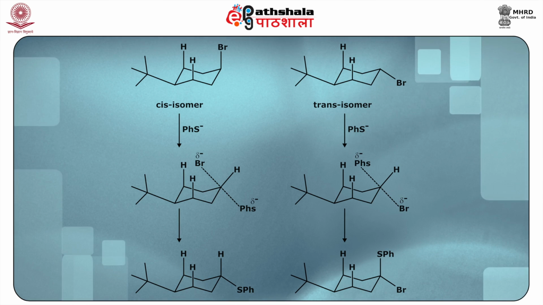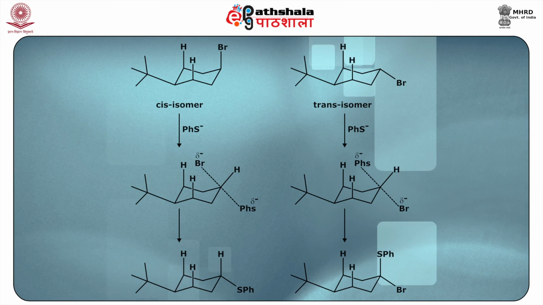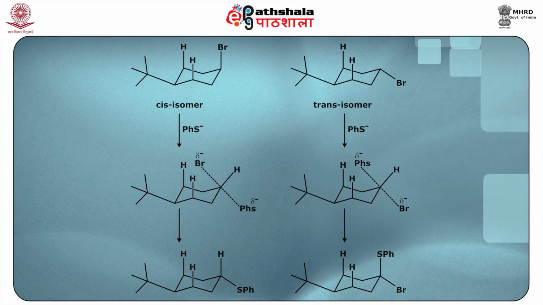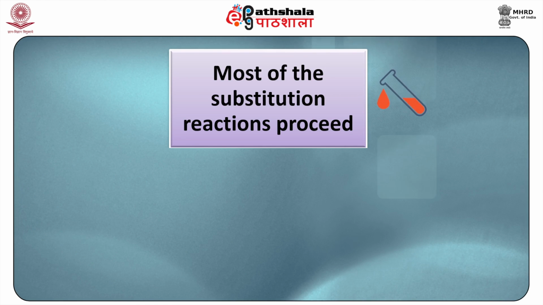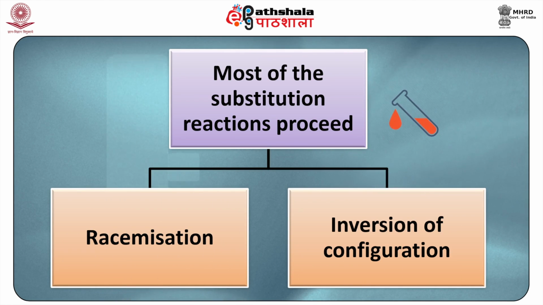So phenyl sulfide ion, being a bulky nucleophile, will definitely have a slower rate in the trans isomer as compared to the cis isomer.